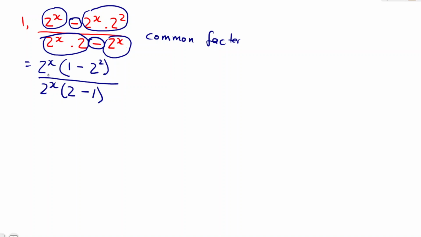Now you can see that 2 to the power of x and 2 to the power of x cancel. So you are left now with 1 minus 2 to the power of 2, that's a 4. The denominator is 2 minus 1, which is a 1. So 1 minus 4, that's a negative 3 over 1. So negative 3 divided by 1, that is negative 3.